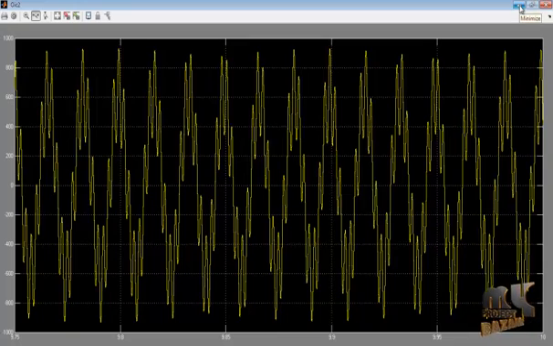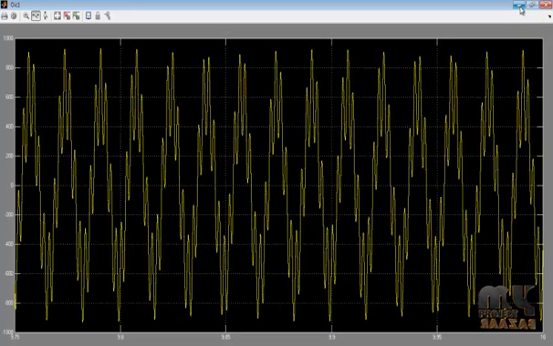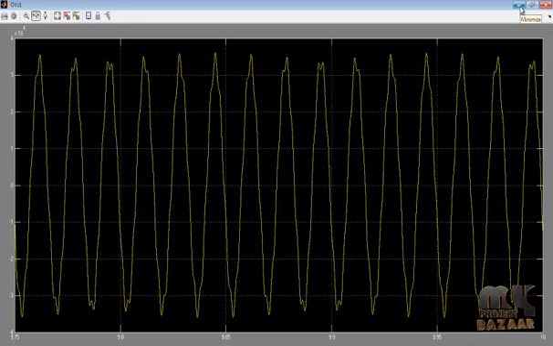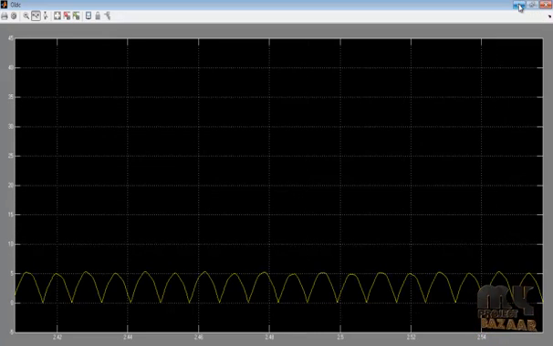After that, this is the capacitor 1 voltage connected on the load side, the next one is the capacitor current on the load side, the next one is the capacitor 2 voltage waveform, and the next one is the capacitor C2 current waveform. The next one is the output current waveform in variable DC form. Next one, the output voltage waveform in variable voltage.